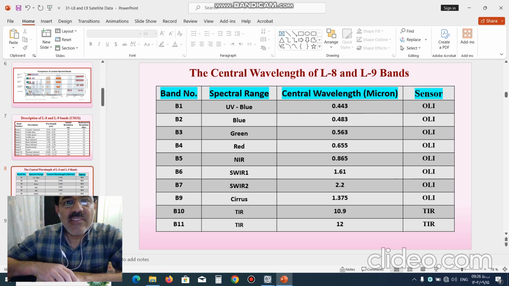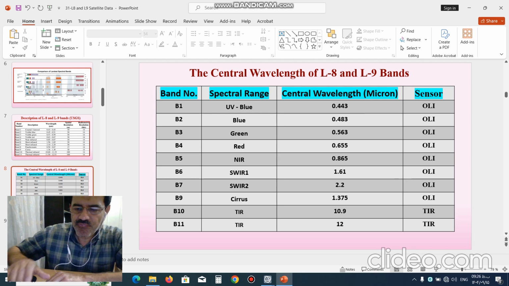Band number 8 is the panchromatic band, and band 10 and band 11 are TIR or thermal infrared. And the last column is showing the sensor, and OLI means operational land imager and TIRS means thermal infrared sensor.